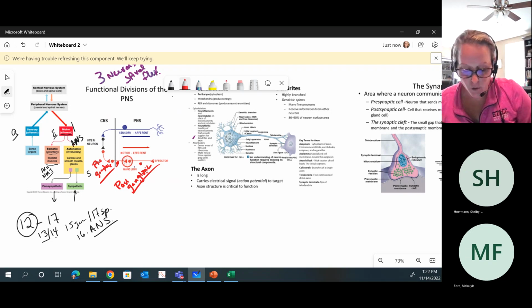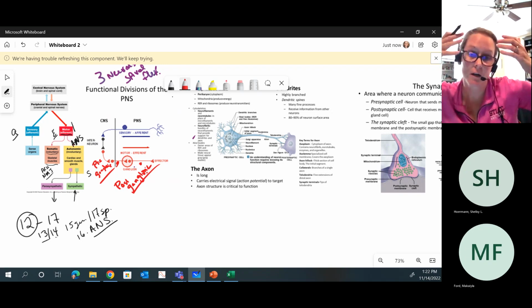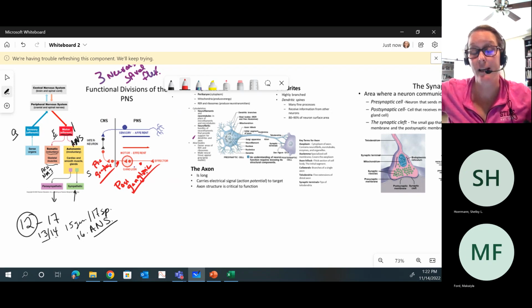Okay. So far, we've talked about how the nervous system is organized. You need to organize that in your head anatomically: brain and spinal cord, and then cranial and peripheral nerves. And then physiologically, things are going into the system usually from sensory, so that's our afferent, our sensory system coming in.